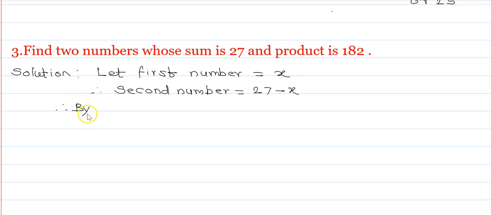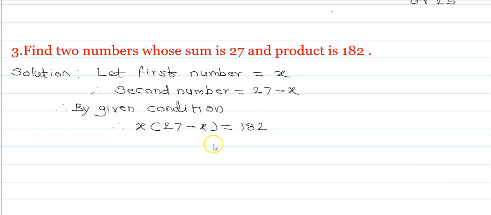Therefore, by the given condition, what is the condition given? Their product is 182, and therefore x into 27 minus x equals 182.